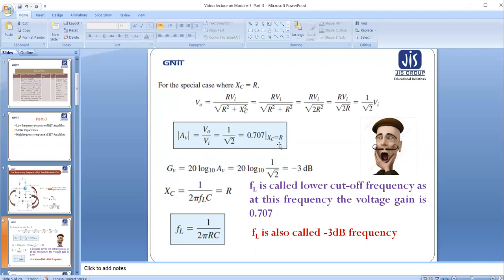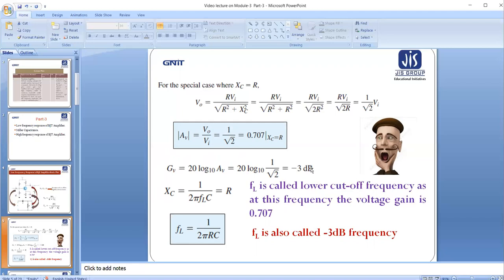So it is obtained only during the XC equals R condition. Now if we transform this modulus value into the decibel value, it is written as 20 log base 10 AV. When we convert, it becomes minus 3 dB. Therefore, we can say that when the XC becomes R, then the gain will be minus 3 dB.